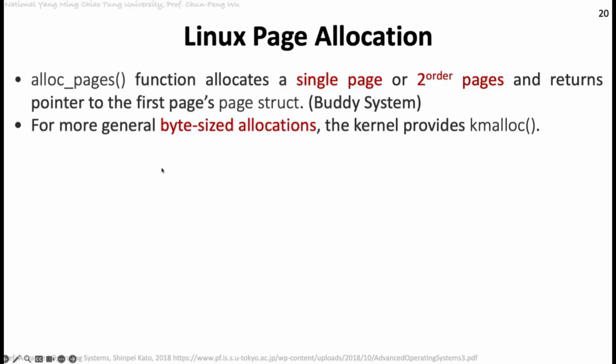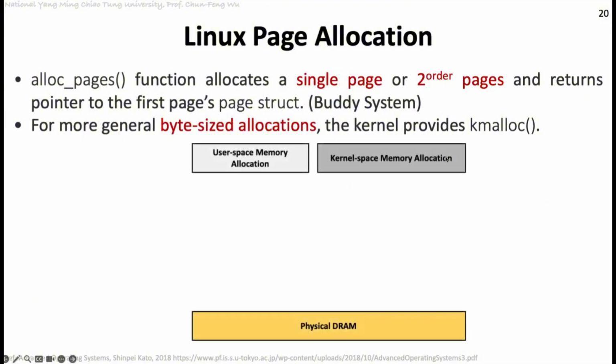And if you have some sense about Linux, actually there are also byte-size allocations, and they're using some other kinds of functions. But I think there is an overall picture about the memory allocation. Usually we split the application into 2 sides. One is called user space memory allocation for the user process, and then there is kernel space memory allocation for the kernel side.